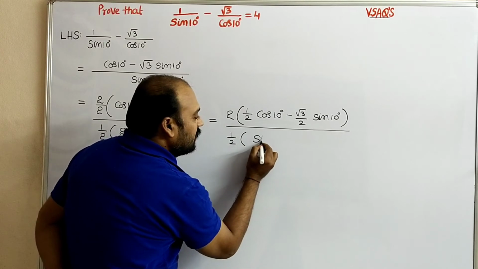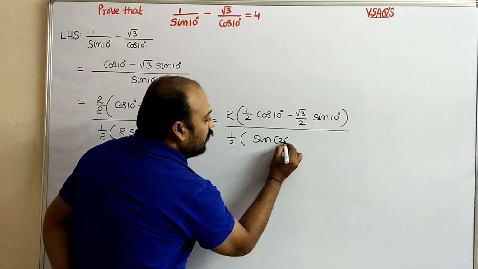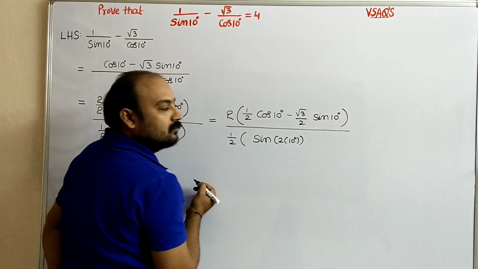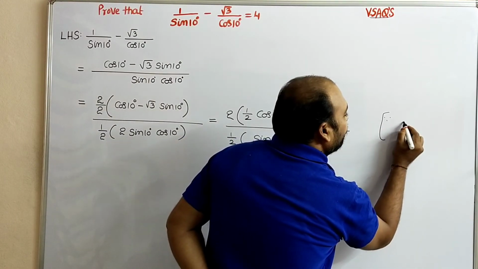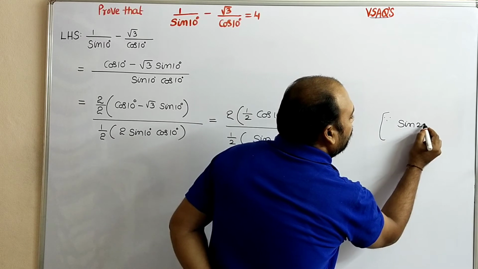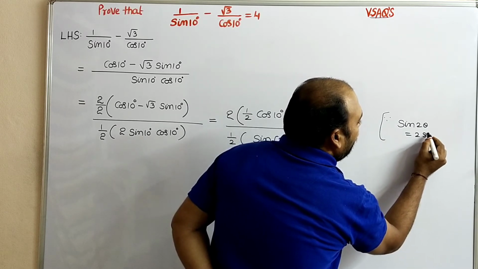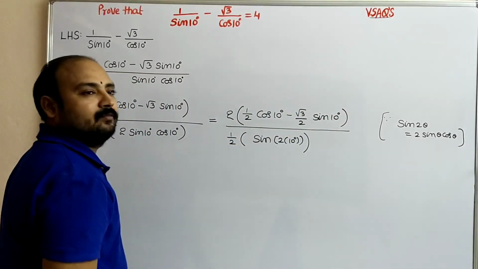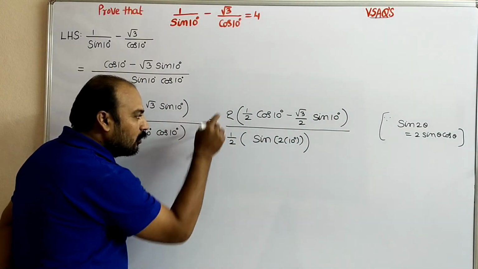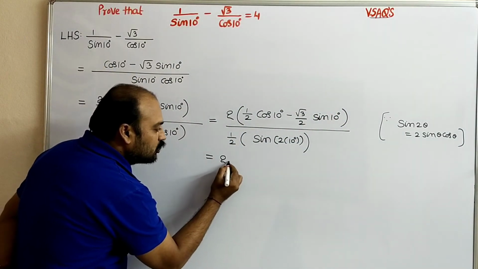So sine 2 into 10 degrees. We have the formula sine 2 theta equals 2 sine theta cos theta. We applied this formula in the denominator. So the denominator of the denominator becomes a numerator. So 2 into 2.